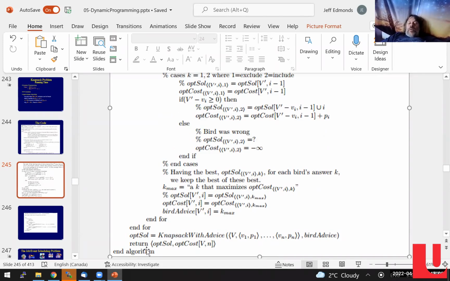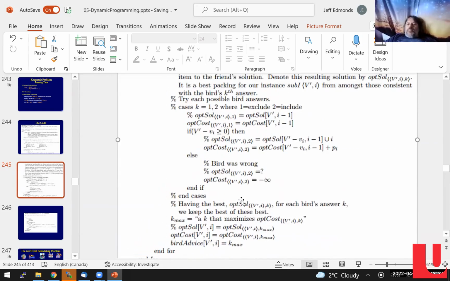So you have to go back and figure out what the actual solution is. And so I'm just saying here, now we have the bird's advice, go back and do it again. But I'm not requiring you to figure out how to do that. Do you understand this part?